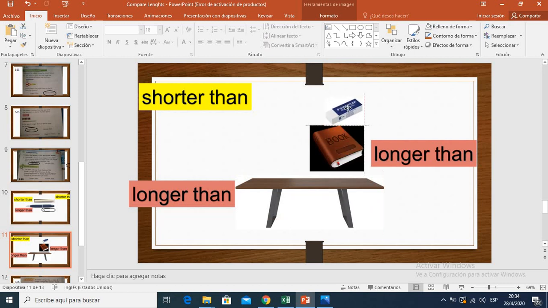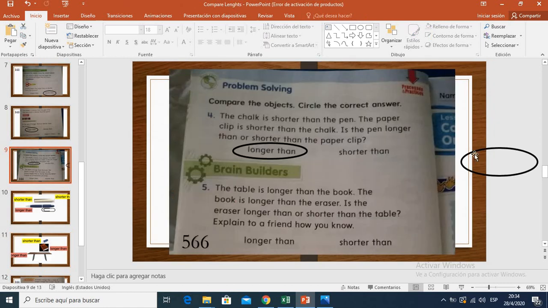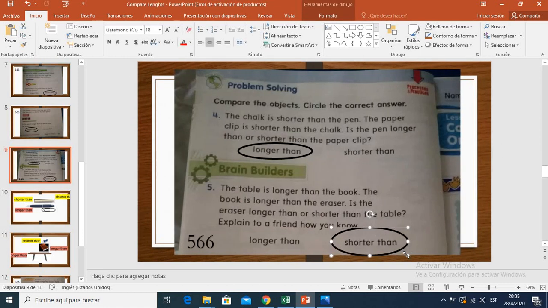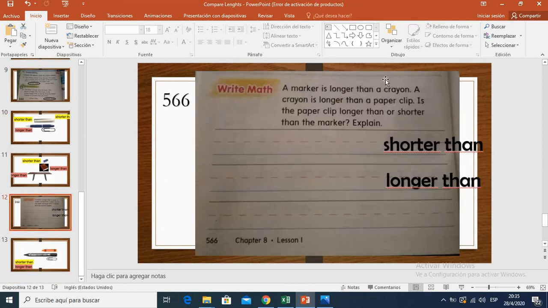It's shorter, right? So the eraser is shorter than the table, and it's also shorter than the book. So what will I circle here? I'm gonna circle shorter than. Come on, circle it. Ready? Very good.